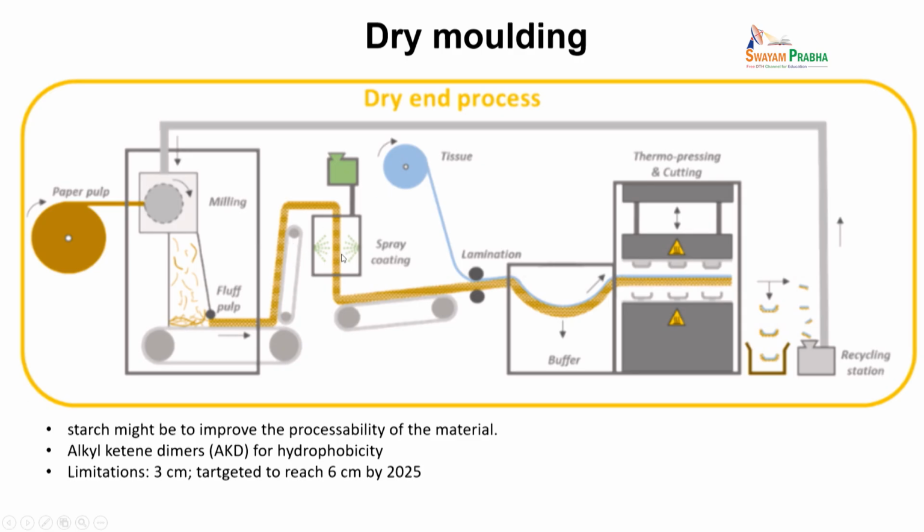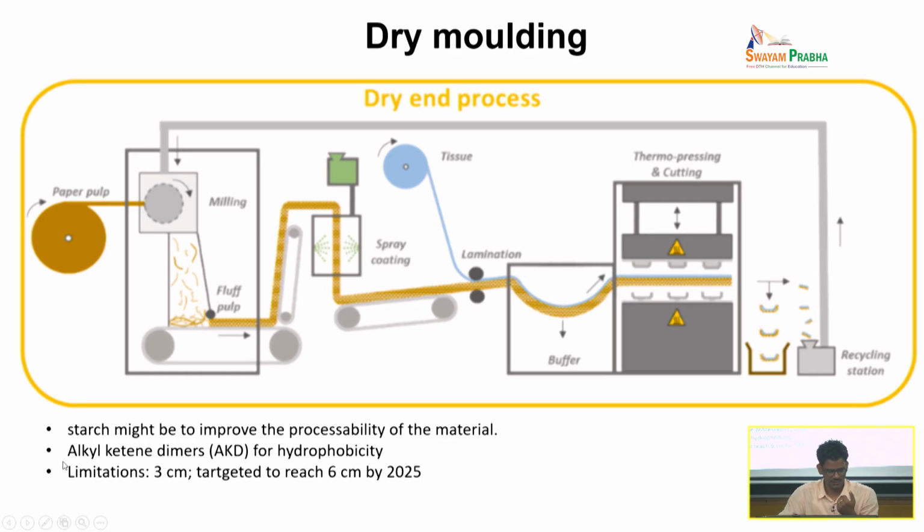As I said, sometimes they spray starch so that the material has adequate stretchability and processability. It is known that for paper they add alkyl ketone dimer, a chemical that reduces water uptake. The same chemical is applied here too, so that the product you get is water resistant, with no seepage.